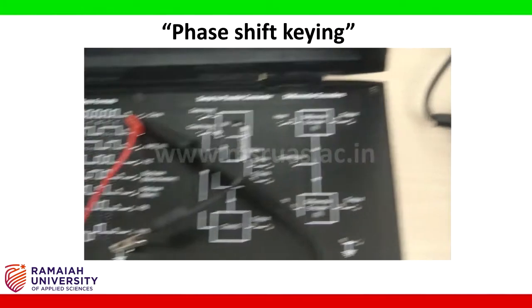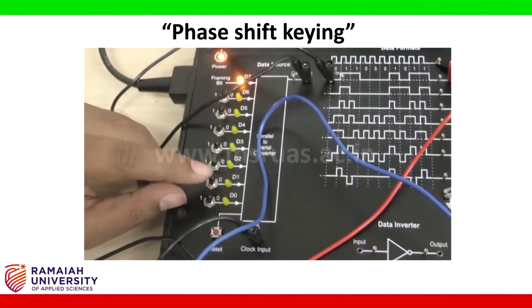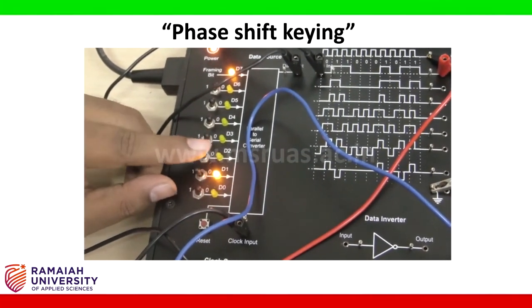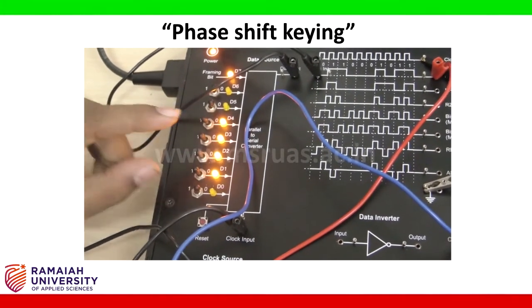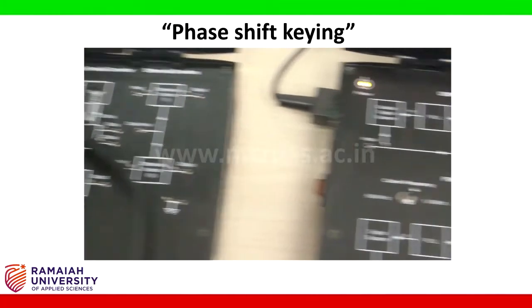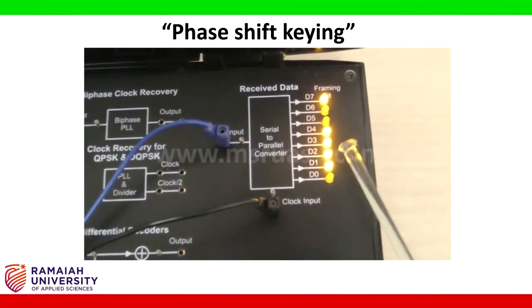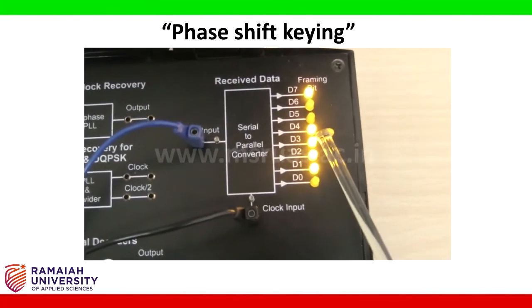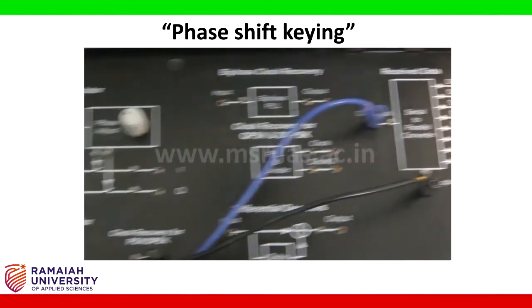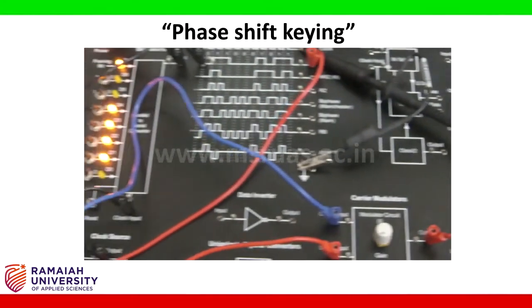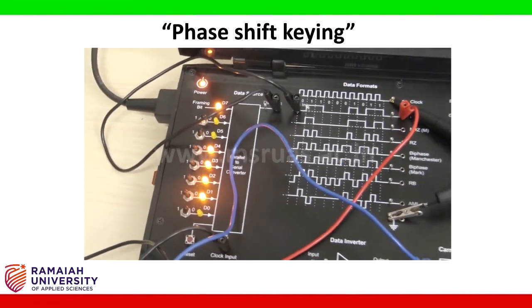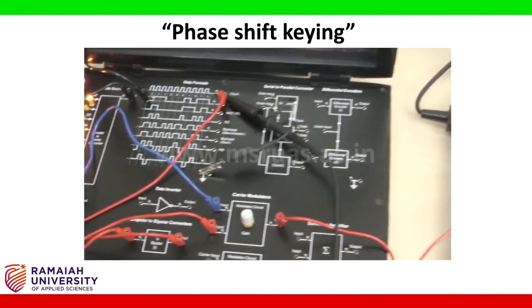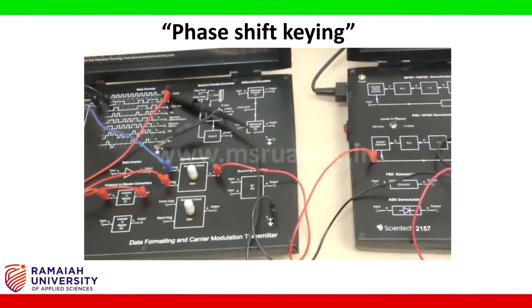Again I am varying a few bits, like switching on the D1, D2, D3 and D4 bits. You can see the corresponding LEDs glowing here for D1, D2, D3 and D4. So this phase shift keying modulation and demodulation is working perfectly, and we could transmit certain bits and receive those bits faithfully.